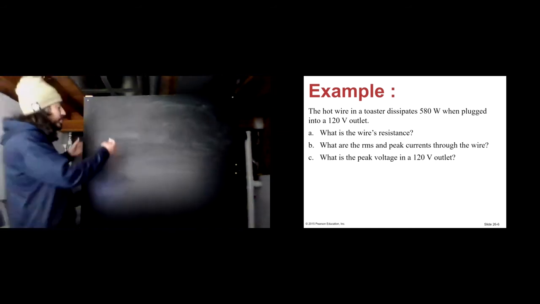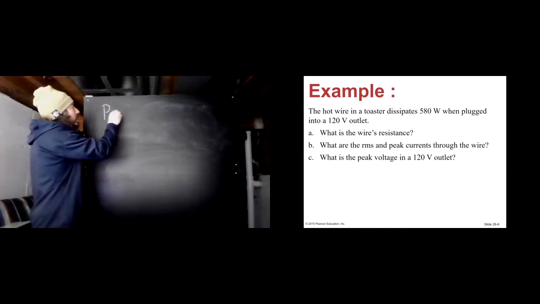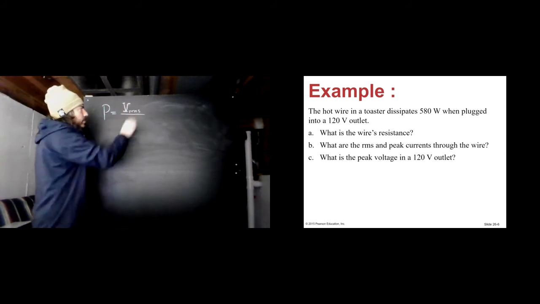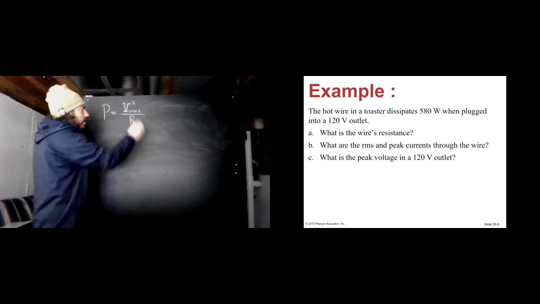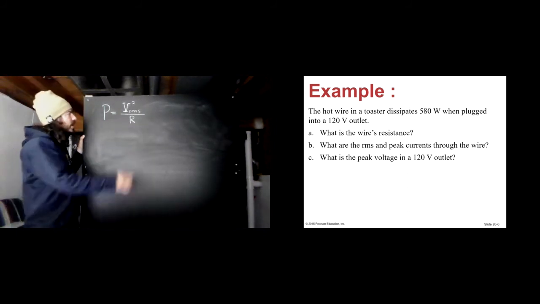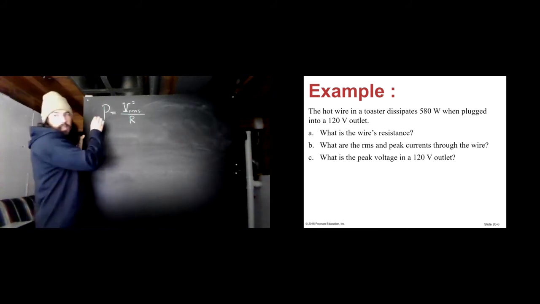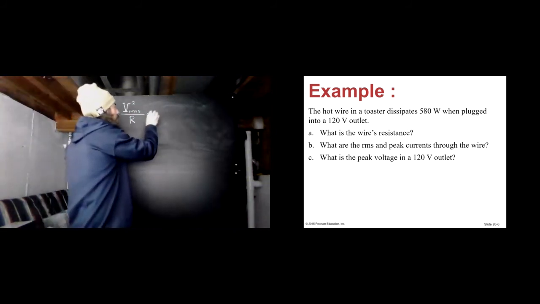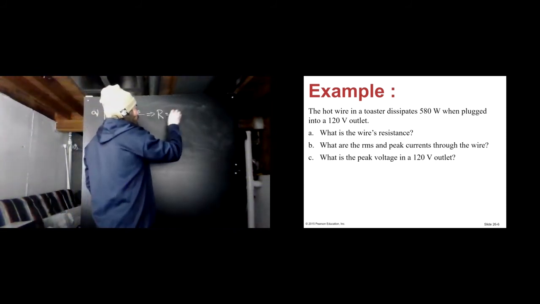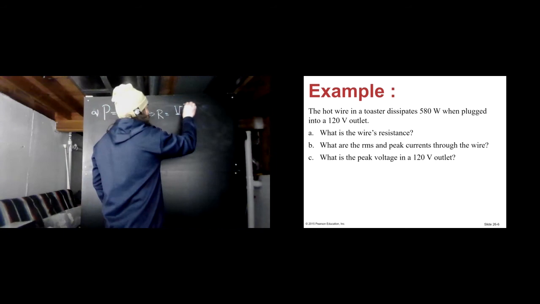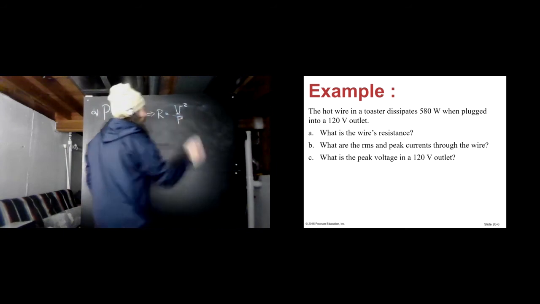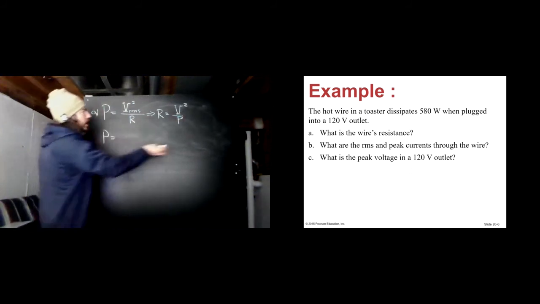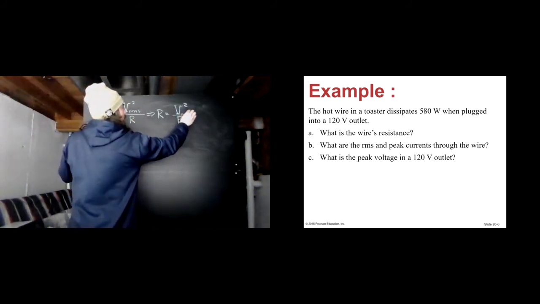Well, I'm going to use this version of our power equation. Power equals V RMS squared over R. And so then I can solve that for R. I guess we are working on part A. So now I can solve this for R, and I get R equals V squared over P. And I should specify that this is still RMS.